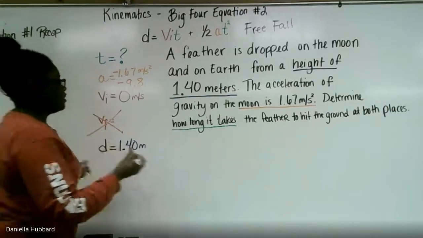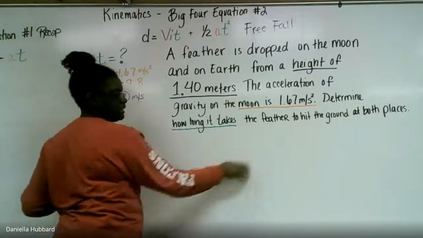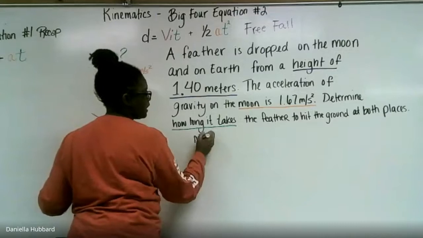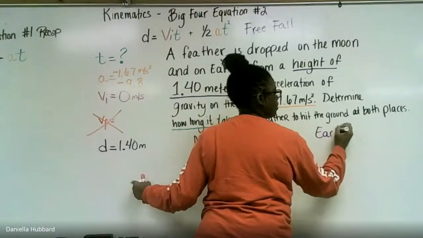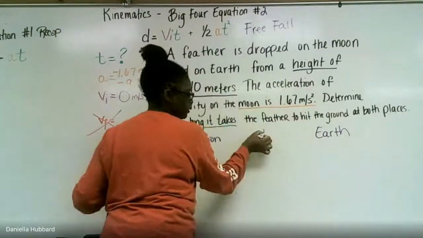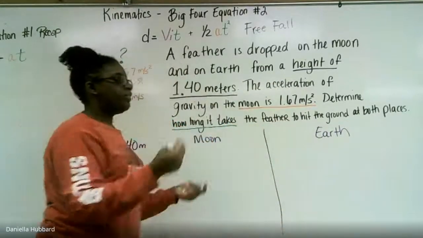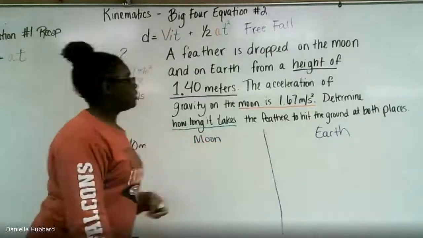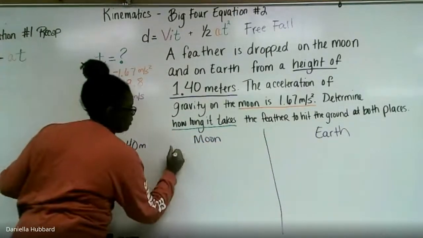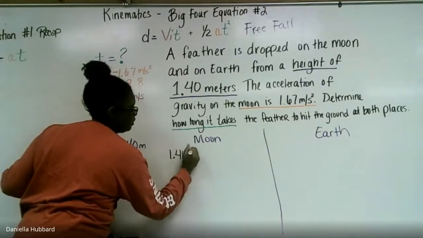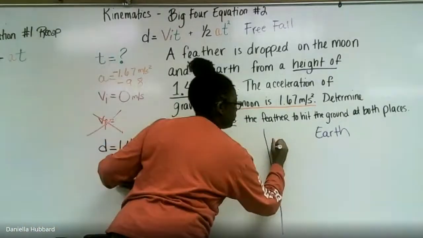So my D is 1.4. Okay, let me split this up. We're going to have our moon side and our Earth side, because the question is asking for the time it takes the feather to fall on both locations. So my distance is 1.4.